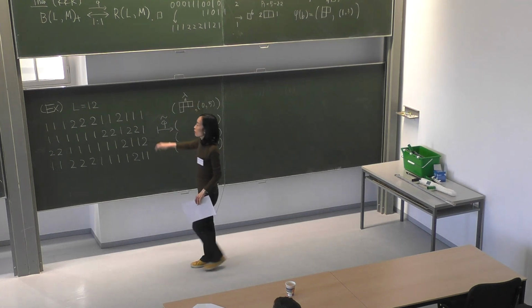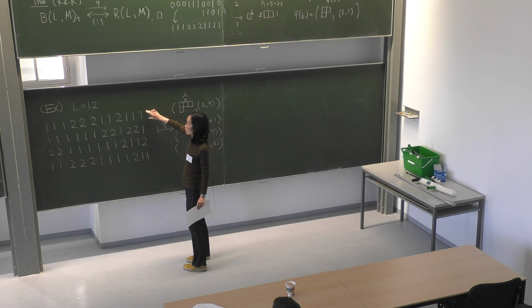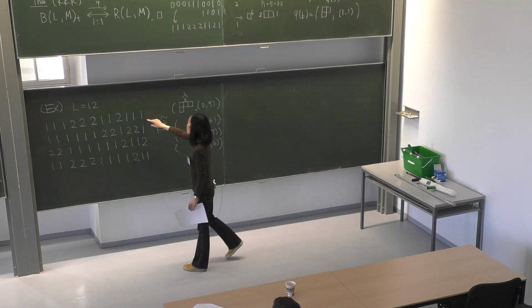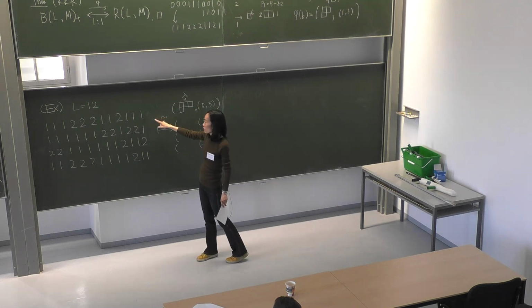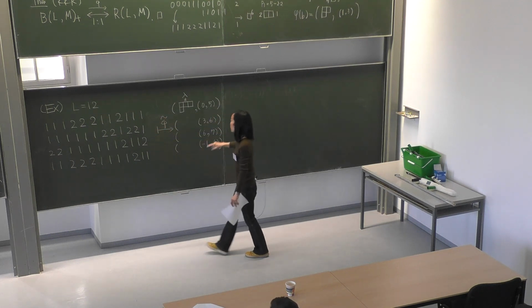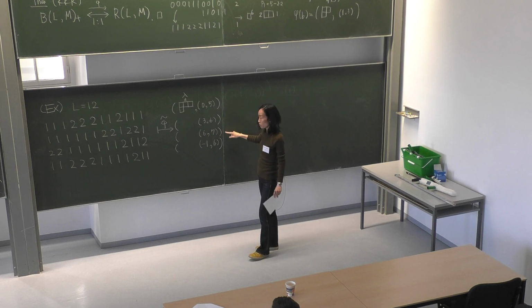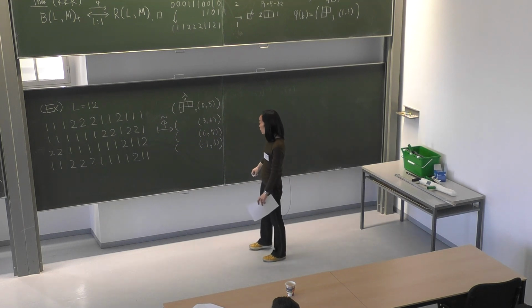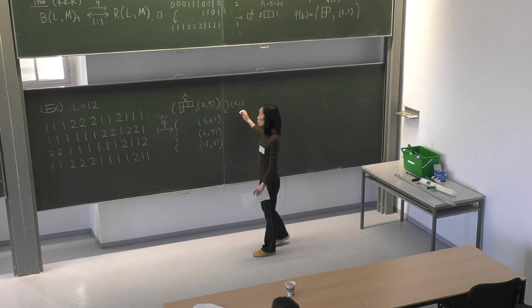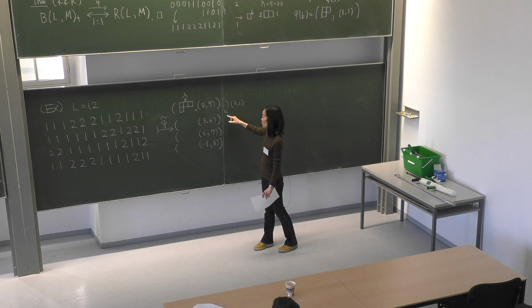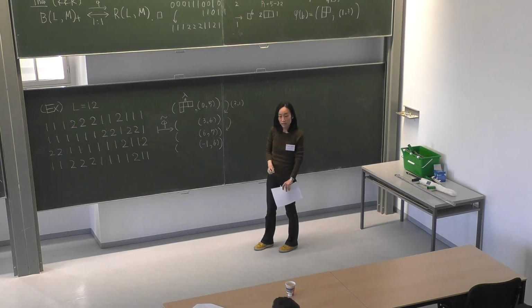We start with this initial configuration, and its image is calculated as this. Then we go this way, and we can also calculate the image. For example, by adding the vector 3,1, we get the next state.